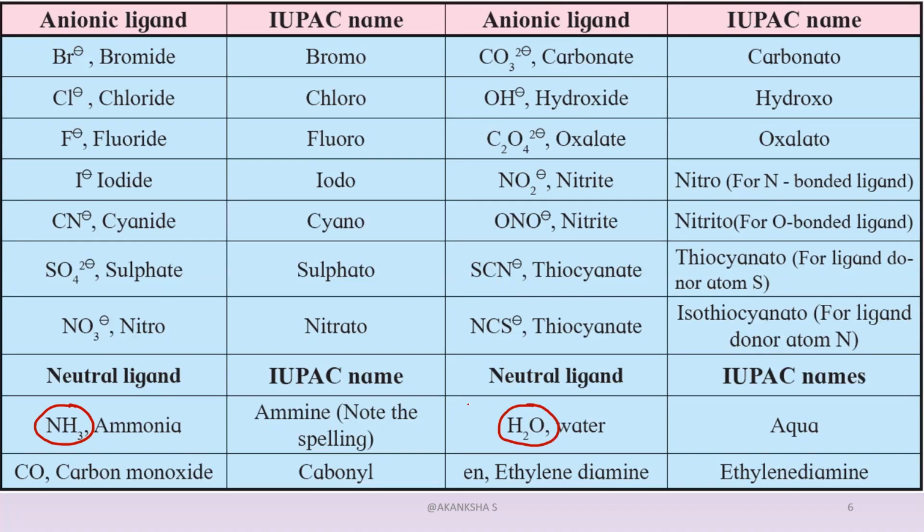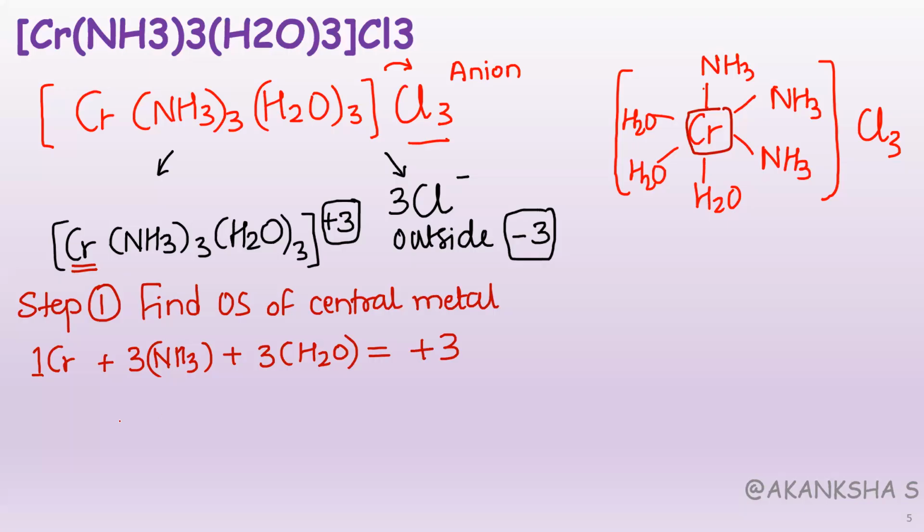Neutral meaning their charge is going to be 0. Meaning we have 1 chromium plus 0 charge of ammonia and water, and we are getting +3. So we know this totals out to be +3 only. So chromium is equal to +3.